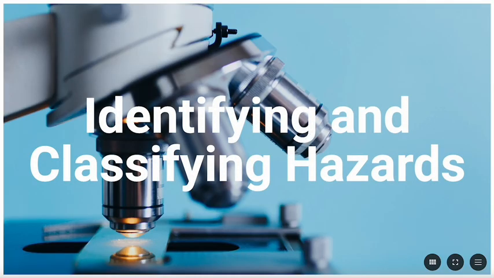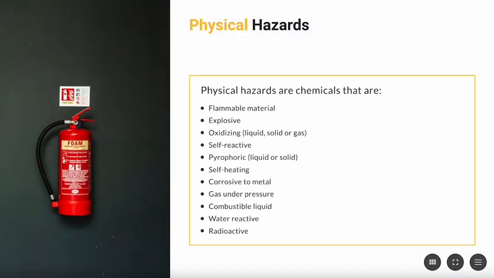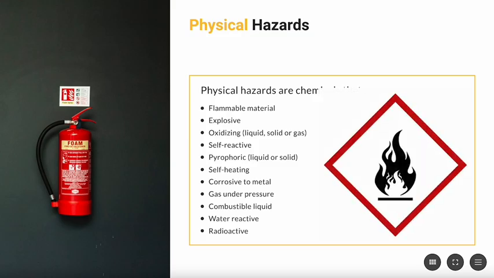Chemicals may possess flammable, oxidative, reactive, explosive, and other potentially dangerous properties. It is important to identify and become familiar with the physical hazards of a hazardous substance before working with all chemicals. Physical hazards are substances or materials that have the potential to cause harm to people or property through their physical properties.